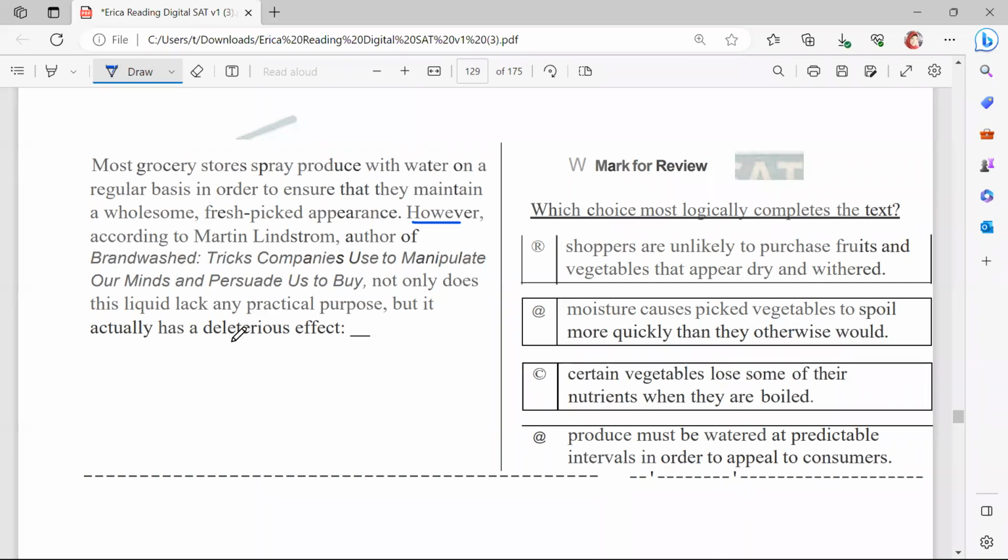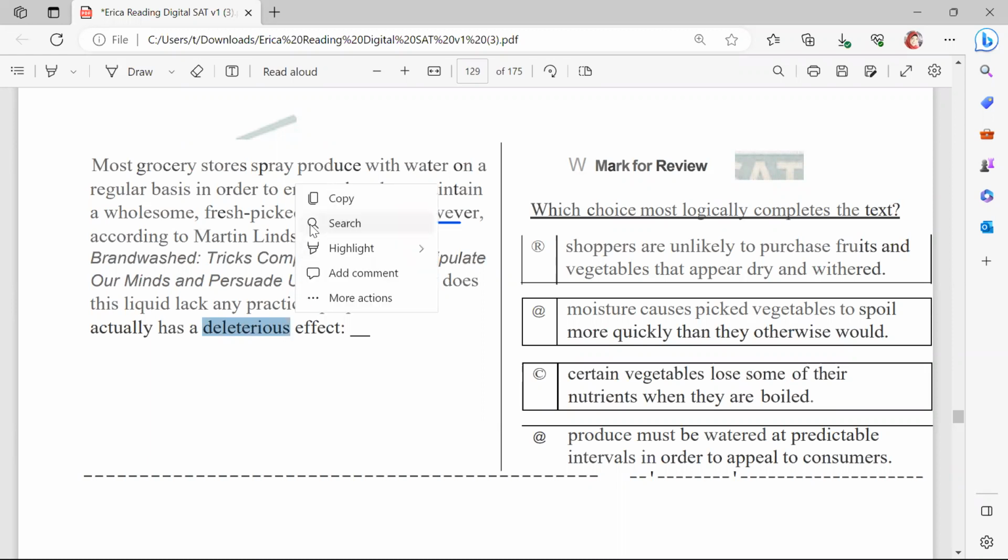Yeah, definitely from the way you read, I know that you don't know the meaning of this word, right? Yes. I will not tell you the meaning of this word, but let me tell you something. While you're reading on the screen, we're taking the digital SAT. You can simply select the word and look up its meaning on the spot, right?